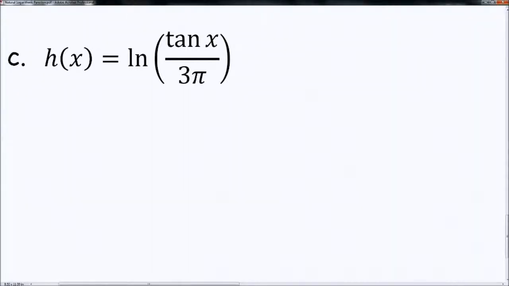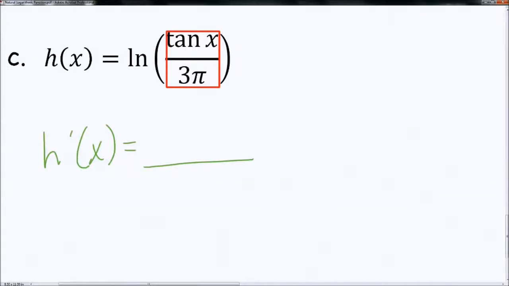Alright, now we have h of x is equal to ln of tan of x divided by 3 pi. Again, I'm going to put a little box around ln of something. That's what's going to go in my denominator. So h prime of x is equal to, and I'm going to put that box down there and fill that in.